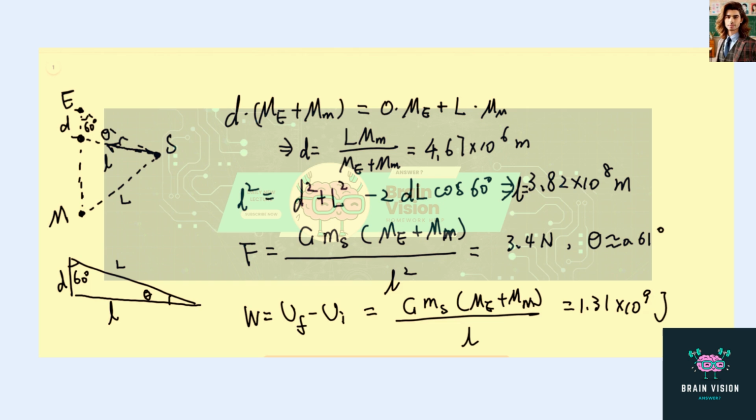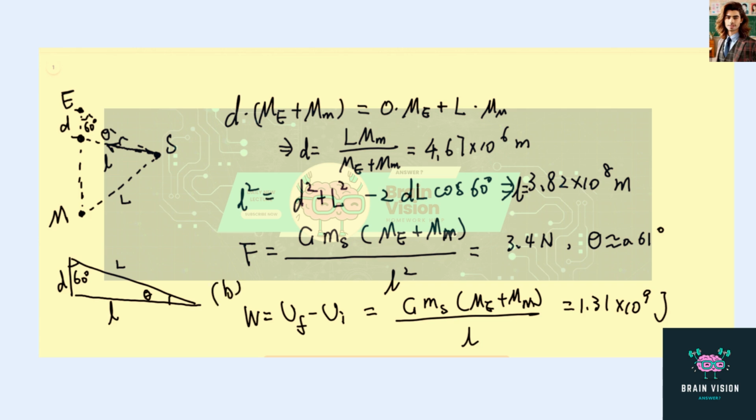And the value is 3.4 Newtons. Since we know d and L and small l in this triangle, we can easily find that the angle theta here is around 0.61 degrees. So that's the direction of our force.